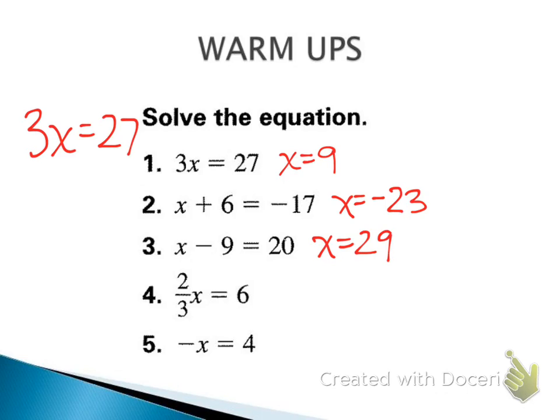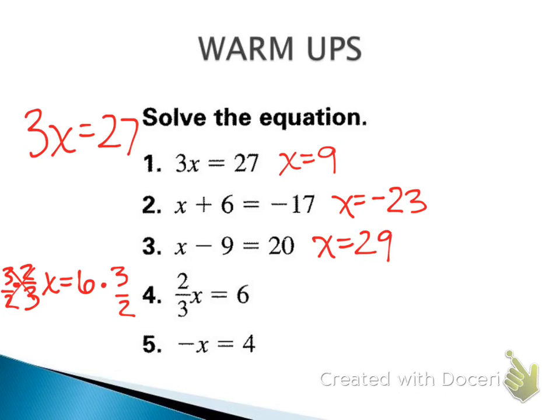Okay. All right, let's go through number 4 together. Instead of dividing by 2/3 on both sides, we're going to multiply by its reciprocal. Who can tell me the reciprocal of 2/3? 3 over 2. When we do that on the left, it's all going to reduce to 1.